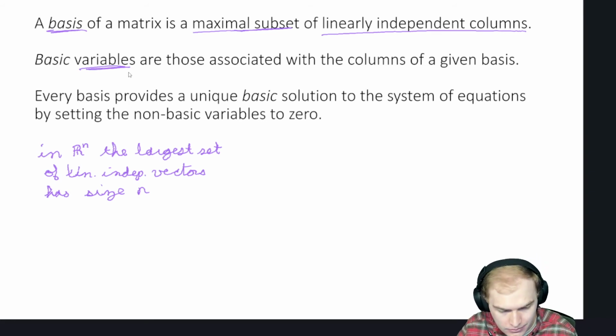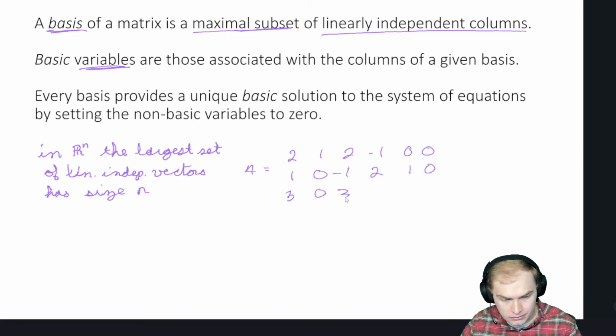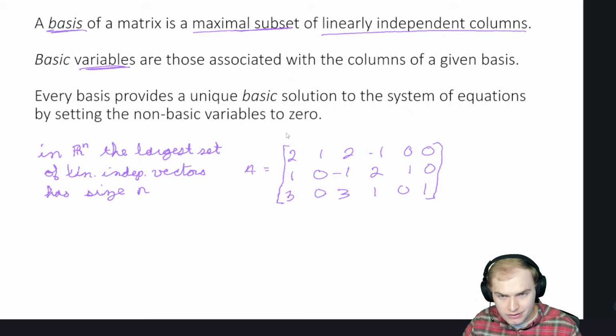So to bring back our example from before, A equals 2, 1, 2, negative 1, 0, 0. When we multiply this by x, we're multiplying this column by x1, this by x2, x3, x4, x5, and x6.